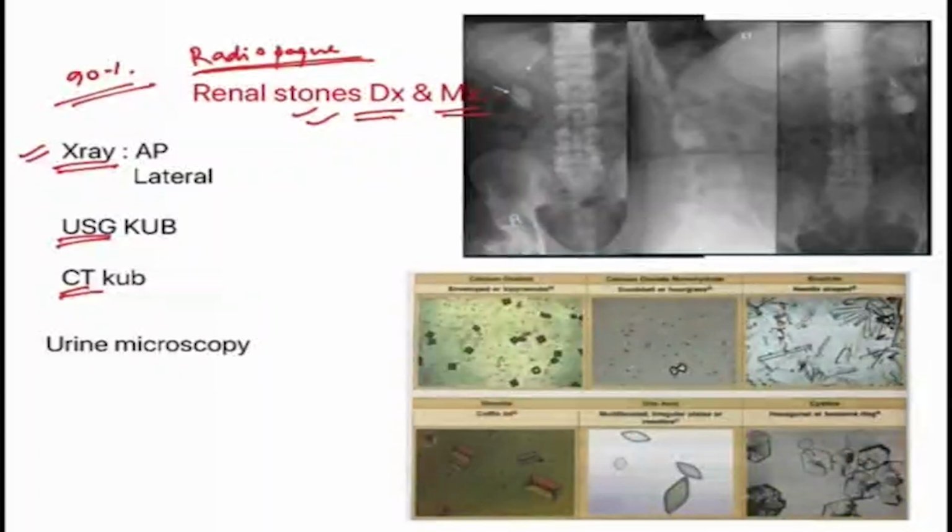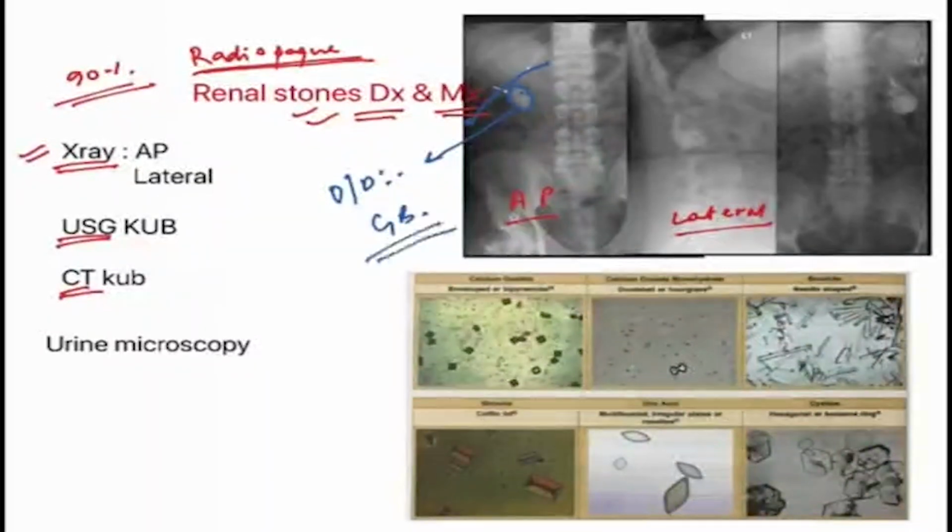The important point which should be noted is that both AP and lateral views are important. In the AP view, here we can see the rib cage outline and this is the stone which is below the rib cage. But this location can be confused with a gallbladder stone also.